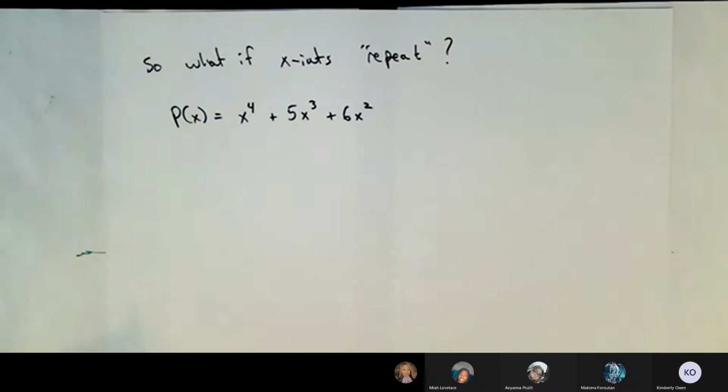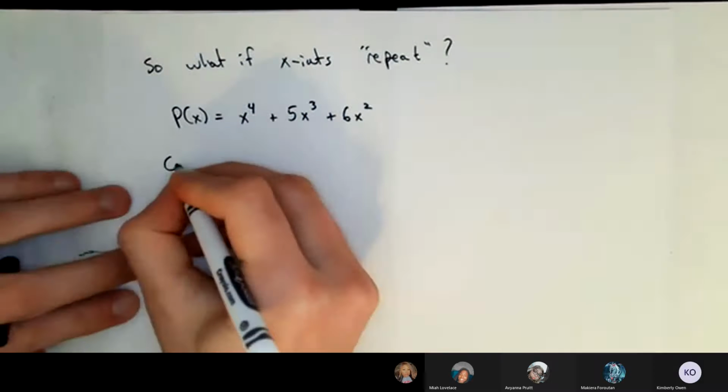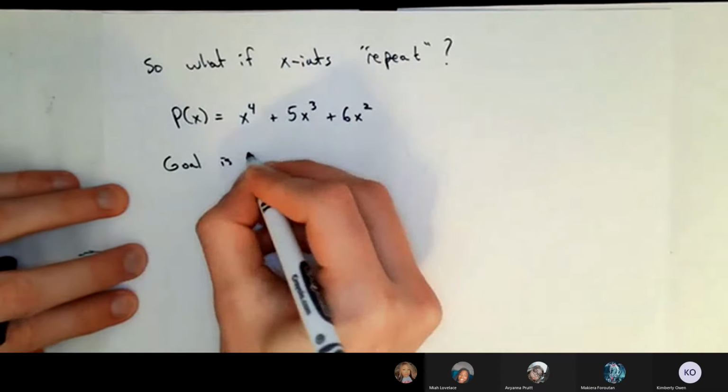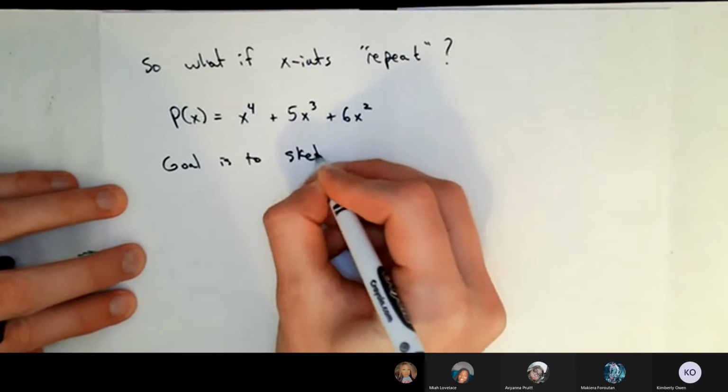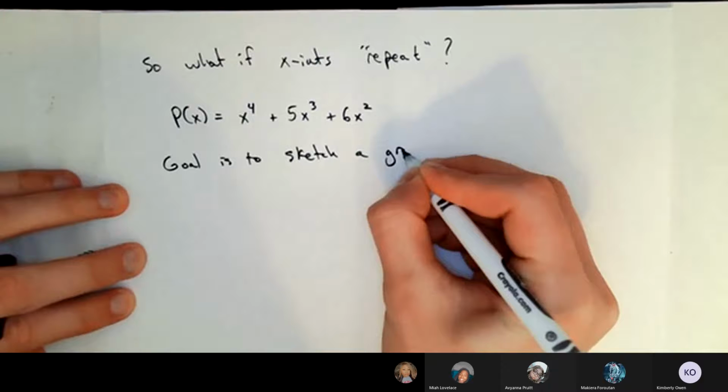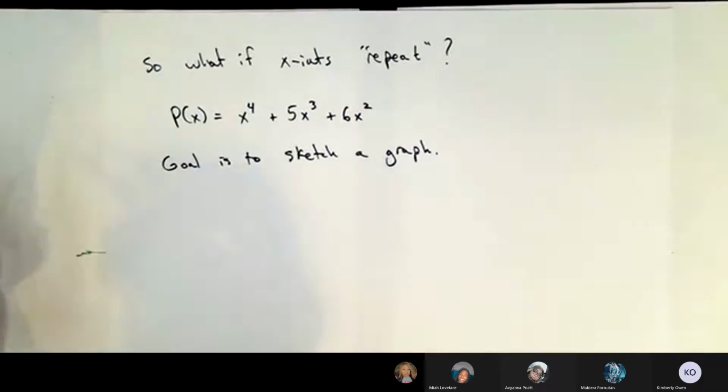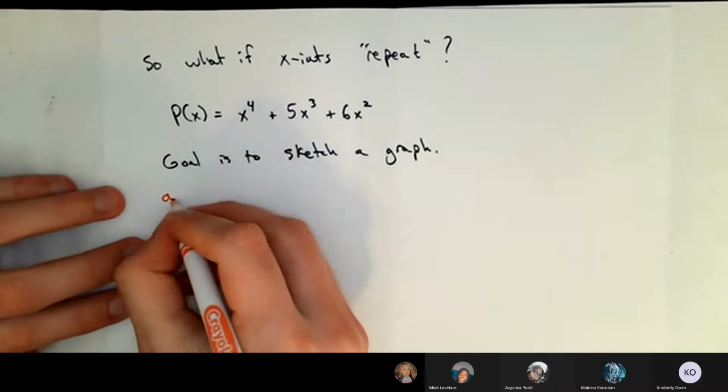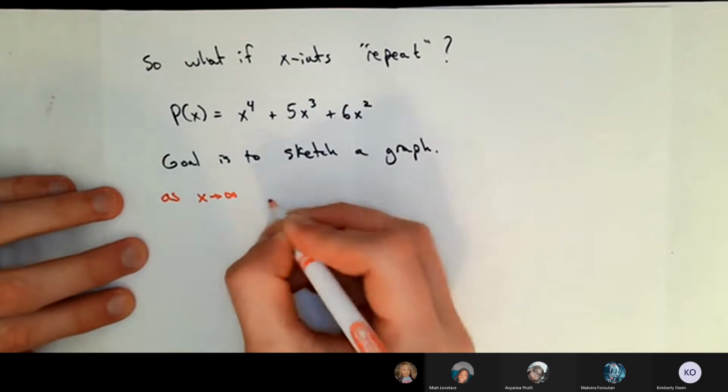So what's the goal here? The goal is to sketch a graph. And specifically, we're going to look at what happens with the repeated x-intercept, because one of the x-intercepts will repeat. So first of all, let's look at p of x as x tends to infinity.